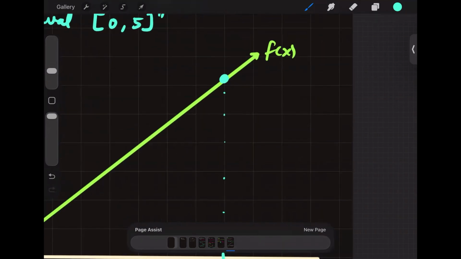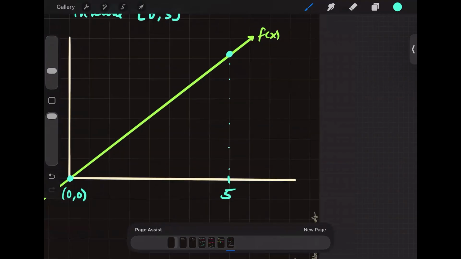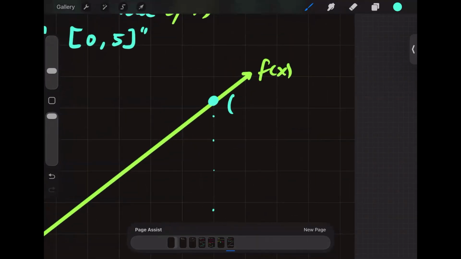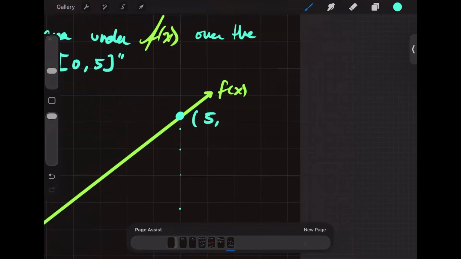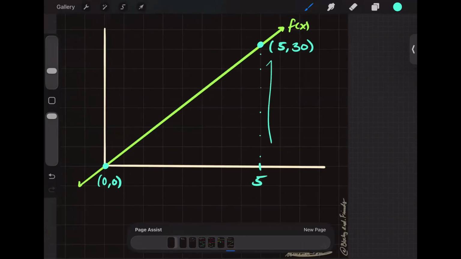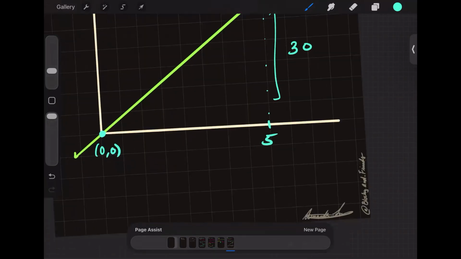Go up to here. If you want the coordinate, this is 5, that's the x value, and then f of 5 is 30. So the height of this triangle is 30, and the width of this triangle is 5. How do you find the area of a triangle, I wonder?